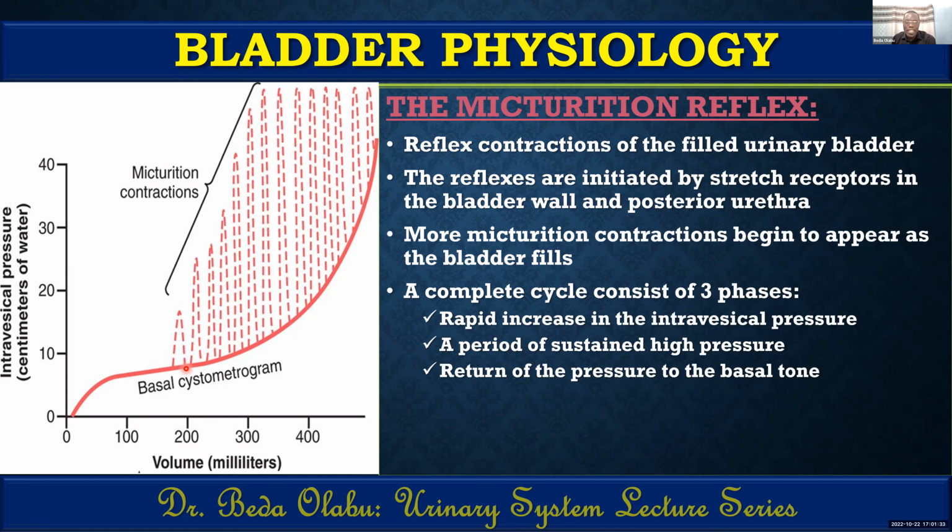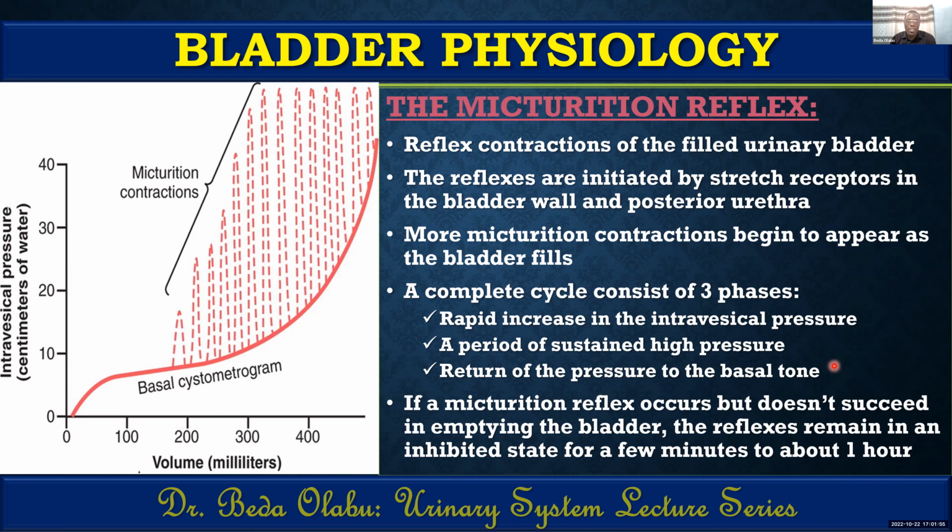So basically, there'll be a contraction that increases the pressure, sustained a bit, then relaxes to the basal tone, depending on the volume of urine within the urinary bladder at that time. So this usually tends to repeat itself over time as the bladder continues to fill.